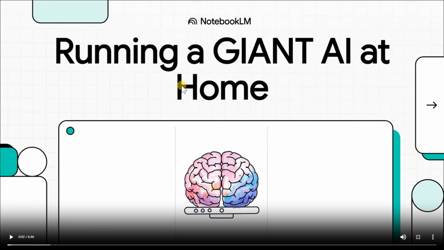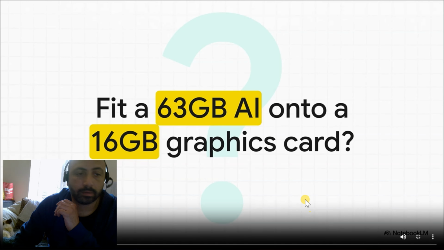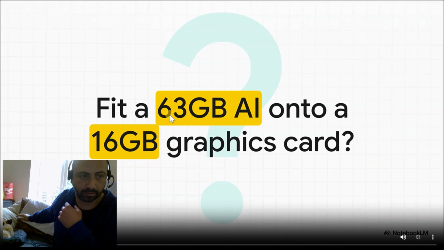To tackle something that honestly sounds like it's straight out of science fiction. Running a massive, professional-grade AI model, the kind that normally needs a whole data center, right on your computer at home. So, let's dive into how this is even possible. So here's 63 gigabytes. But a lot of us are working with graphics cards that have 16 gigs of video memory?